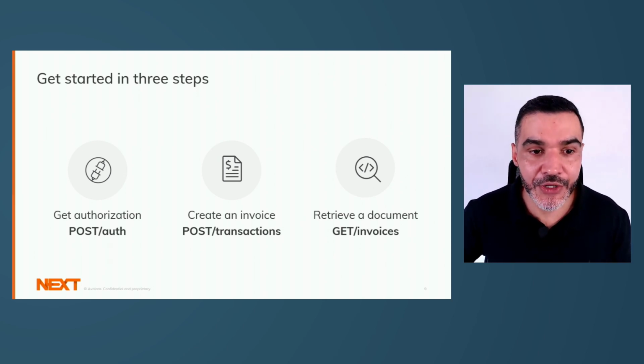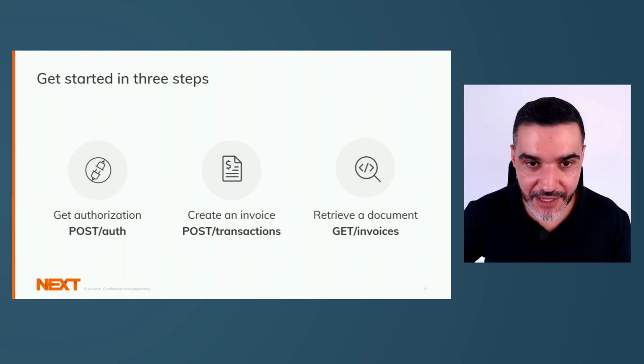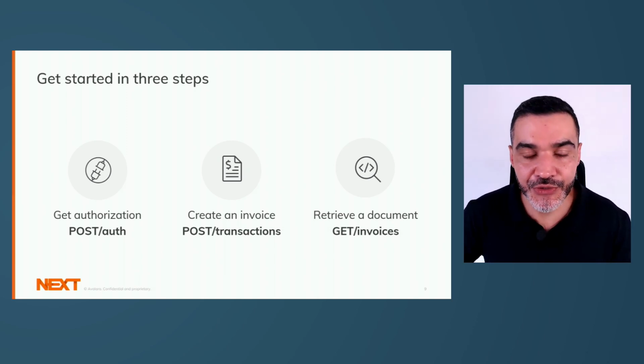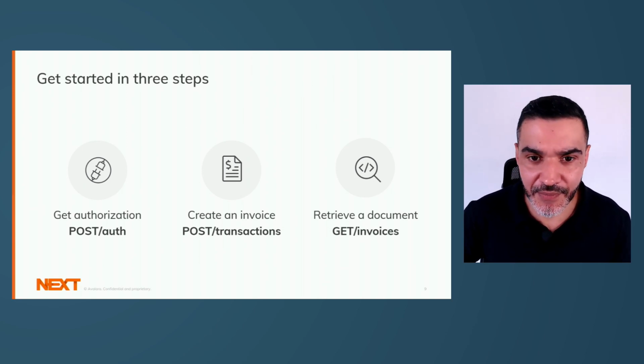Second, you can create an invoice, again calling the post method to a transactions endpoint, passing all the information for this invoice. And third, you can retrieve all those documents through a get method to our invoices endpoint.